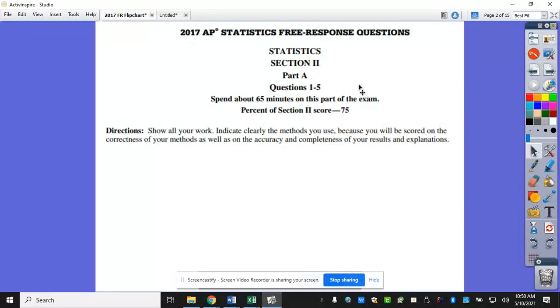So my suggestion of how to go through these, and everybody's going to be different, and this is just my suggestion, not something you have to do, is scan through these really quick. Pick the 2 or 3 that you are most comfortable with. Go straight into those. Skip and go to 6 and spend a little bit of time on 6. And then come back to the others, because 6 counts so much, I don't want you to run out of time during 6.